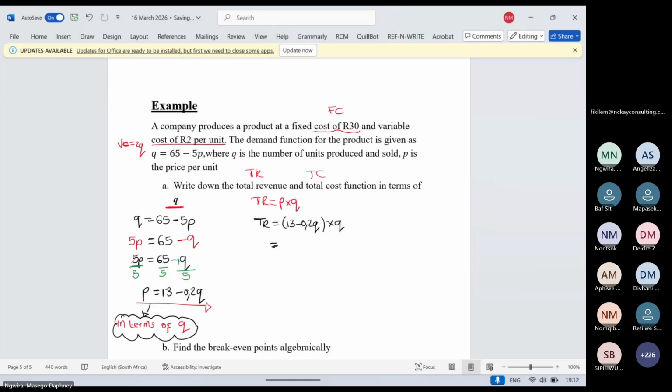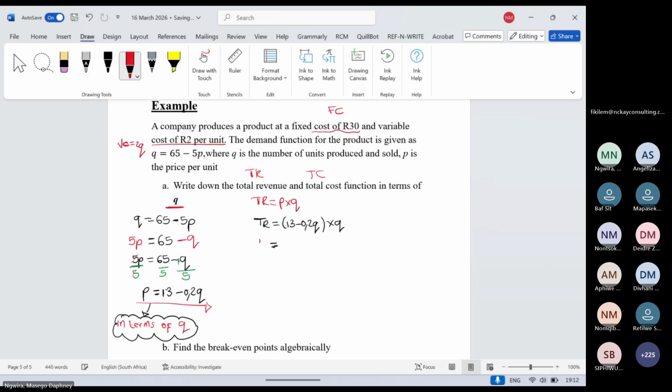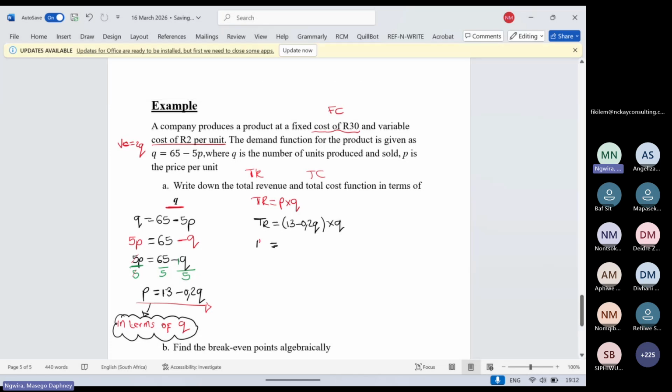All right. So now my total revenue is equal to, then we distribute like we did before, 13 times Q, it's 13Q. And then negative 0.2 times Q is negative 0.2Q squared.